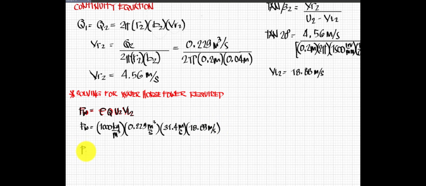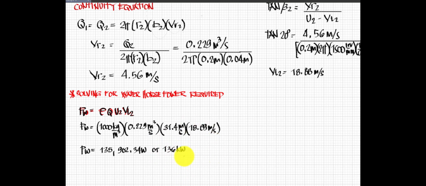So finally, we have the water horsepower, which is equal to 135,902.34 watts, or let's say this is 136 kilowatt.